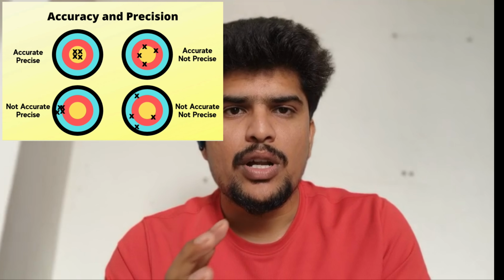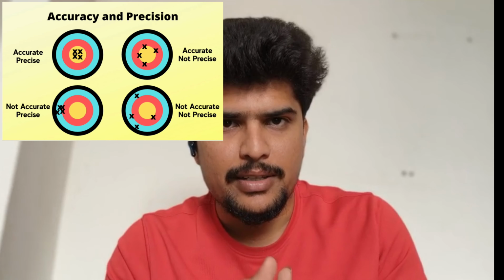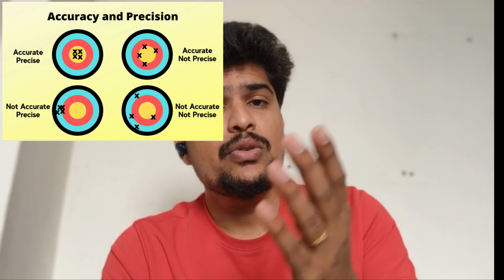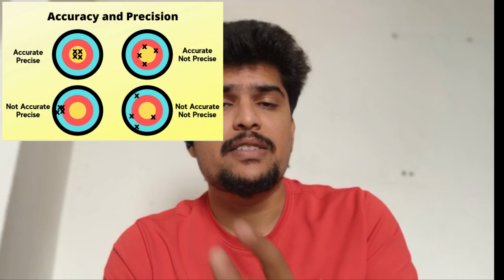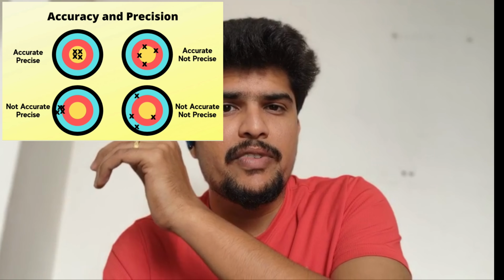So your observed values are near each other in repeated measurements. This is precision. As we can see in the picture, many values are near the same area, which means on repeated measurements your observed estimate falls nearby.